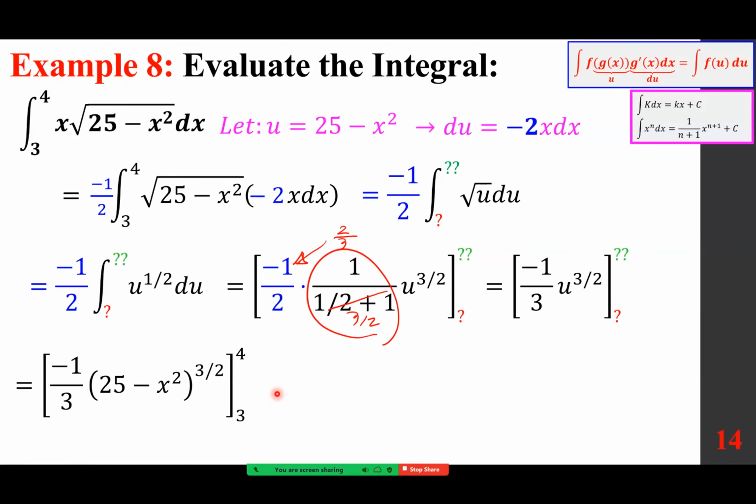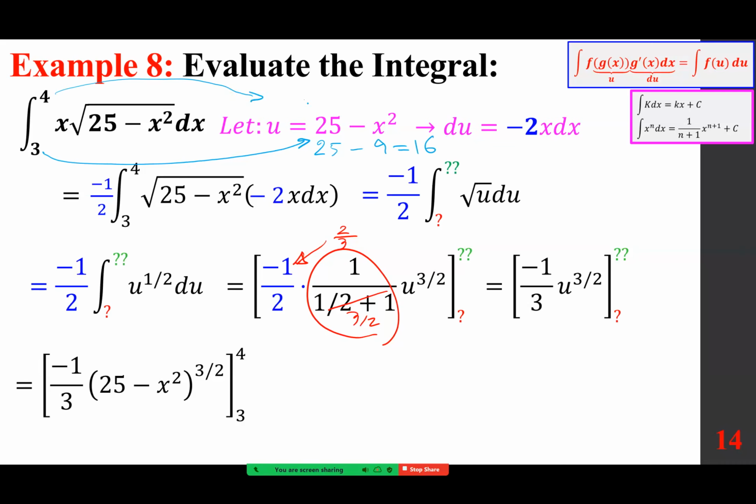And that's fine. However, if I want to find the new limits, all I have to do is plug in 3 in here, gives me 25 minus 3 squared, which is 9, gives me 16. The new lower limit is 16.